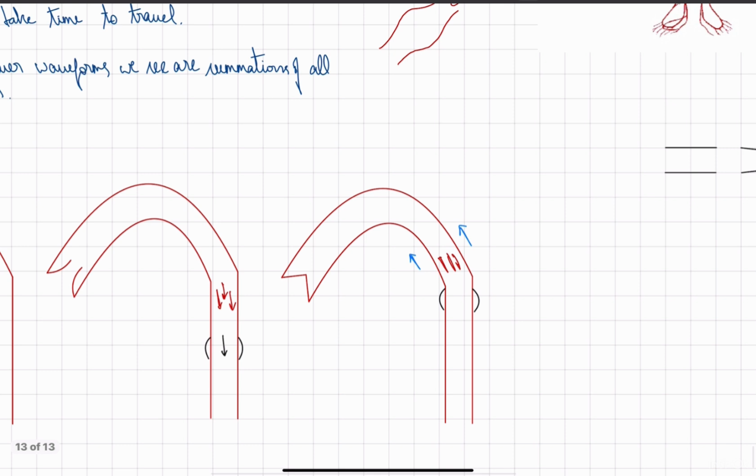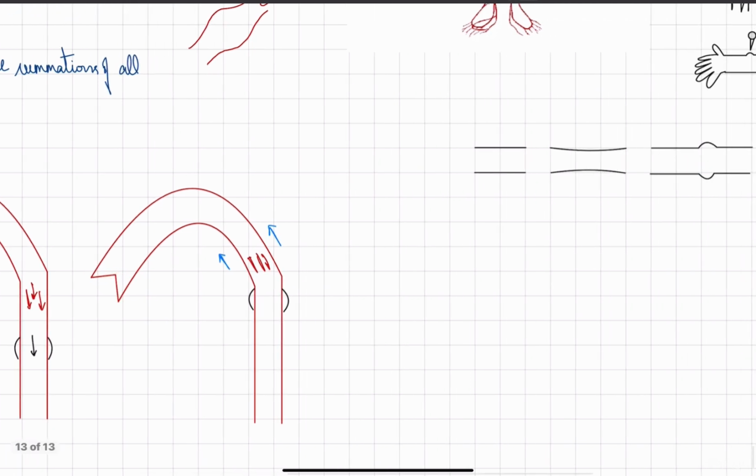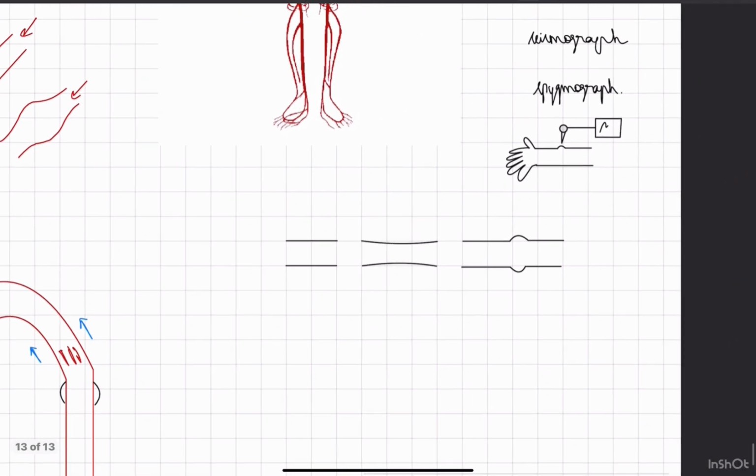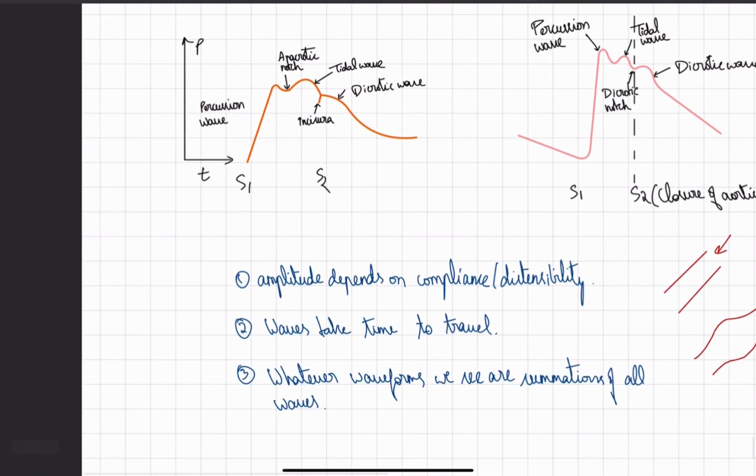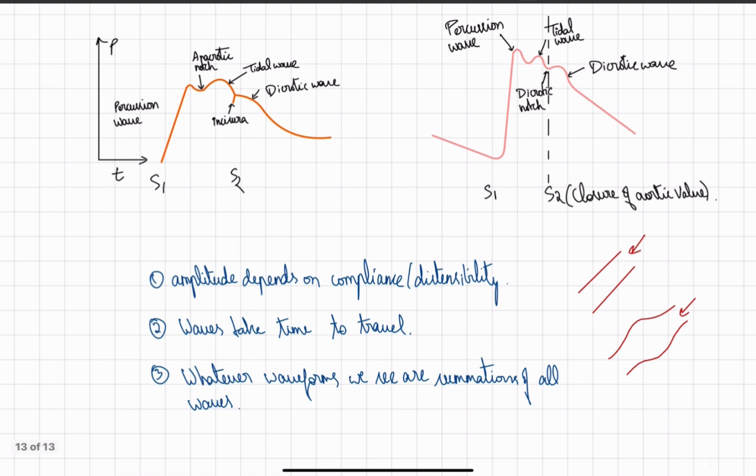Okay, all right, since the blood column suddenly goes back due to inertia after the aortic valve closes, and the vessel kind of becomes like this, the transducer you are using will show a sharp down wave.